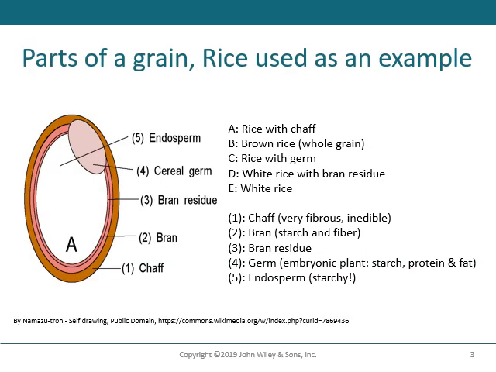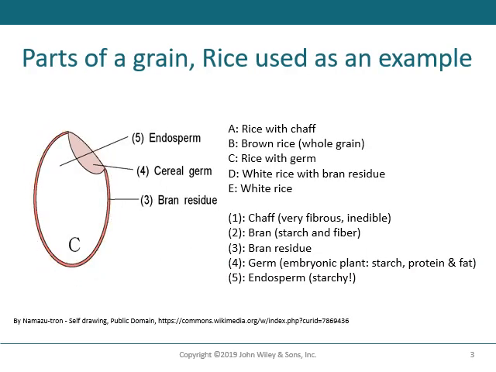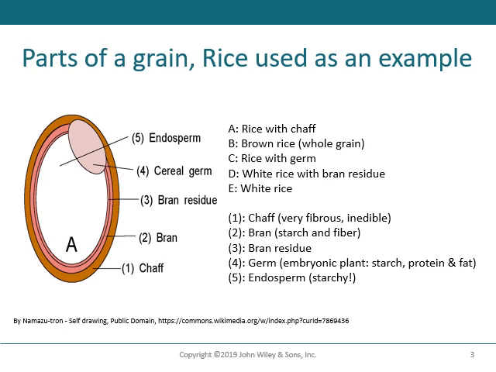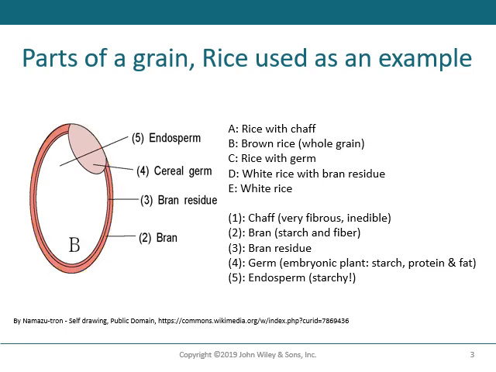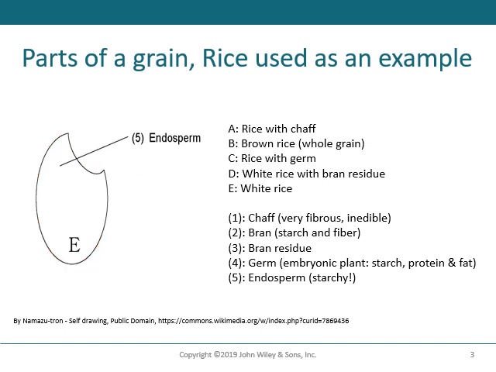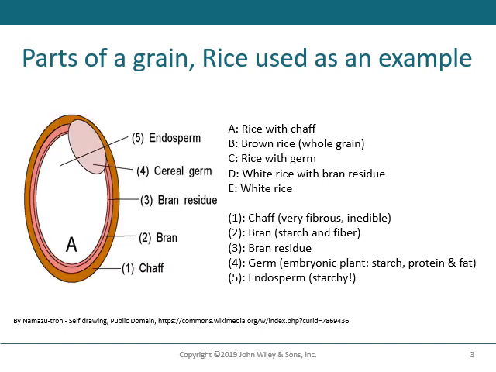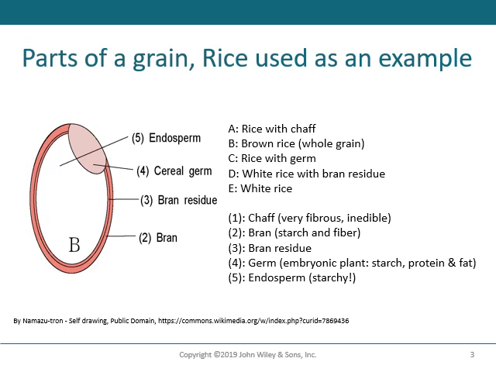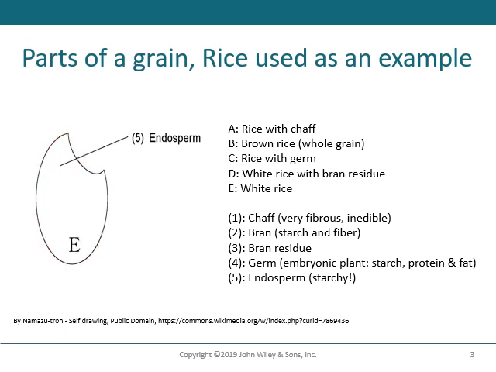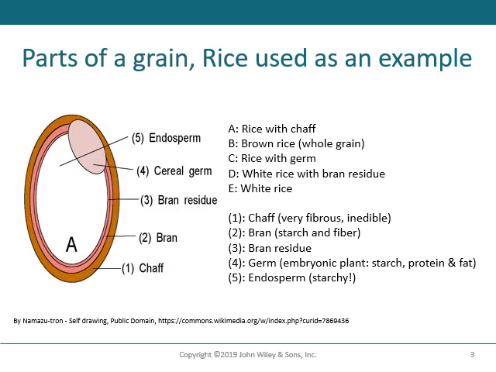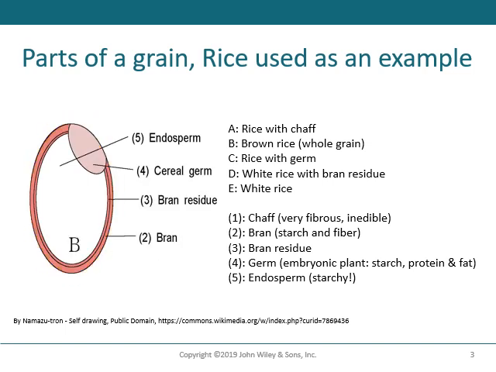So here we have a little GIF showing the processing of a grain. The A coming up right now shows the rice with chaff. The chaff is essentially the hull that gets removed from the grain as it's processed. The B right here is the brown rice. So that brown rice contains the endosperm, the germ, as well as the bran.